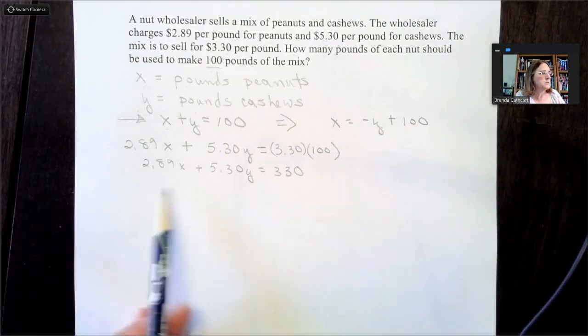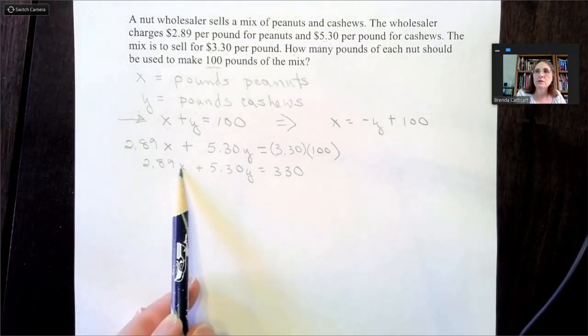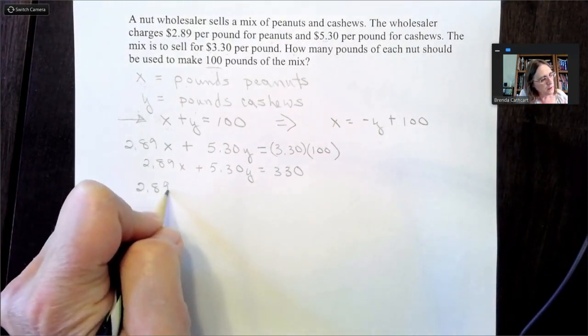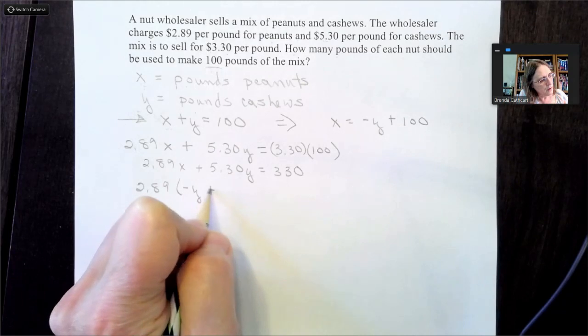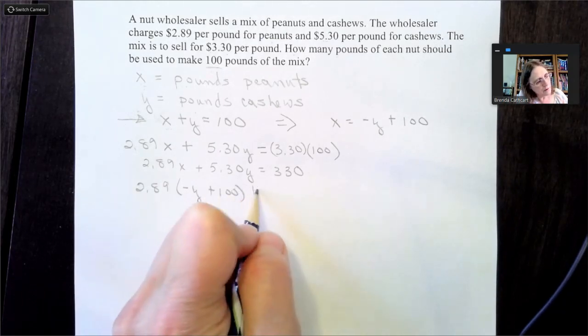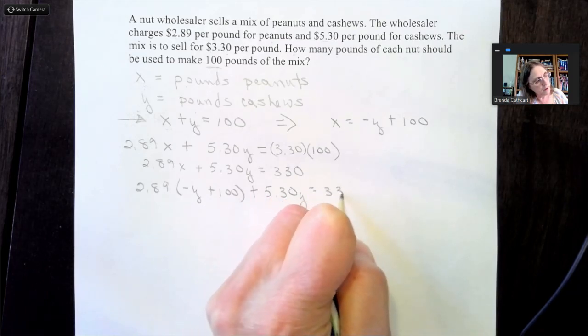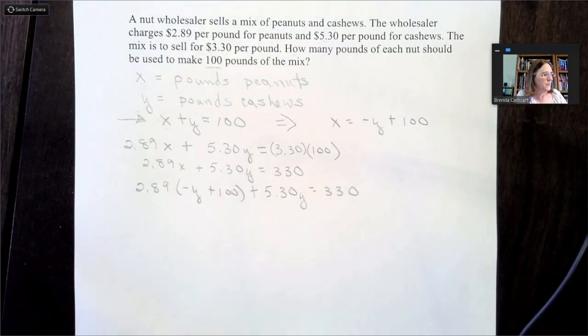And we're going to replace it with the x in this second equation. So we have 2.89 times negative y plus 100 plus 5.30y equals 3.30.